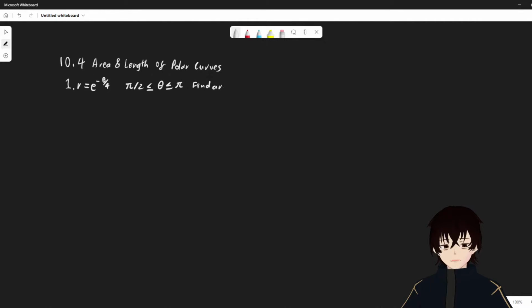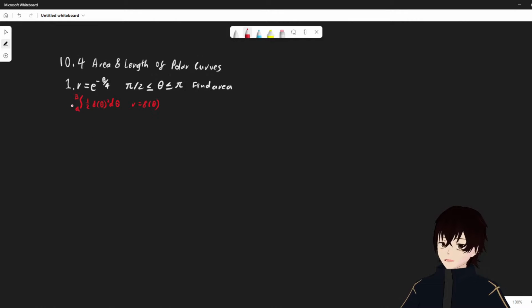Find area. For polar curves, the area would be defined by the integral from somewhere to somewhere of 1/2 f of theta squared d theta, where r is equal to f of theta.